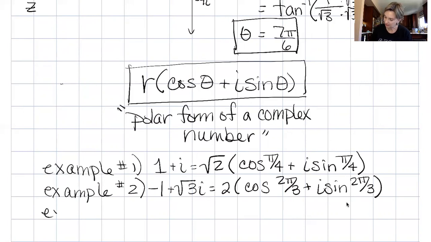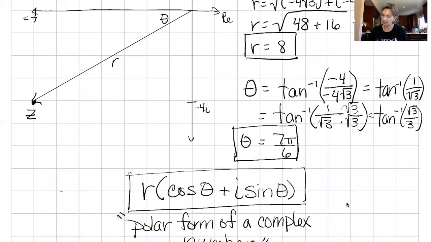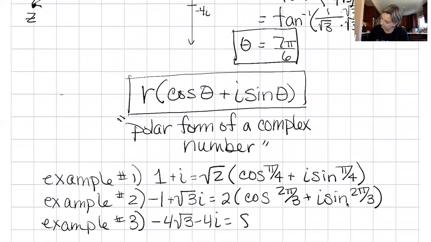And let's just show what it would be then for example number 3 we did. Right, we were working with -4 square root 3 minus 4i. Okay, right, that's the one we just did right there. Right, we got 8 for r. And our angle is 7 pi over 6. And that's that.